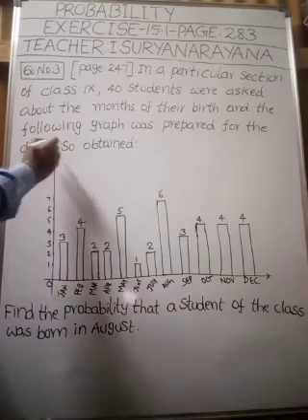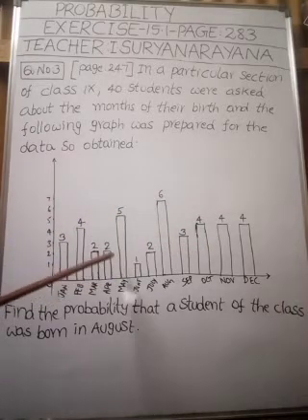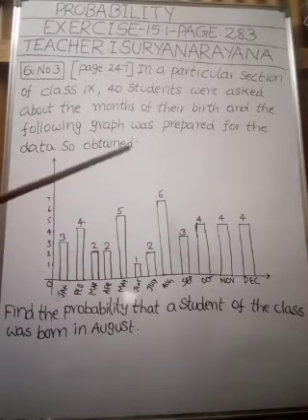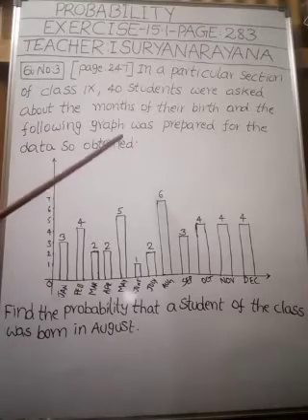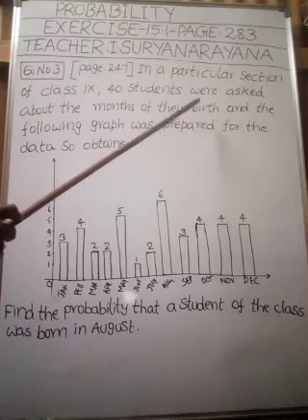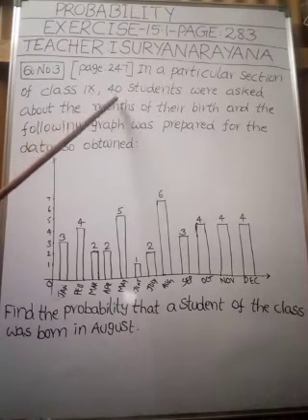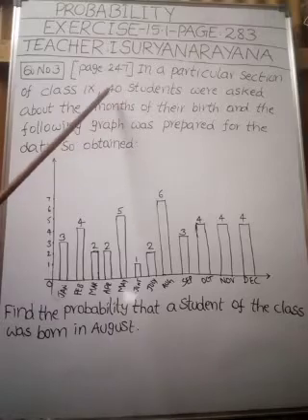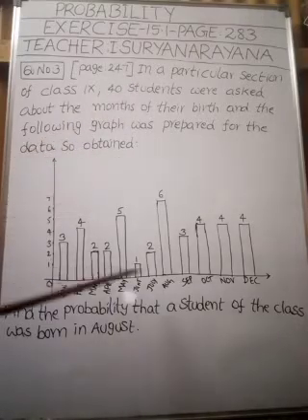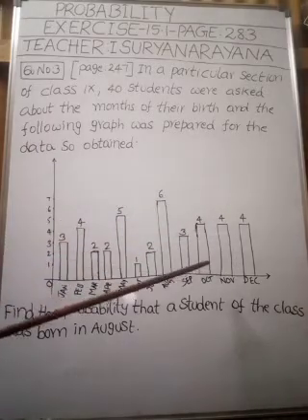Okay, my children, here this is a graph of a data which represents the months of the students in a class 9th, which has 40 students. So this is a pictorial representation of the data.